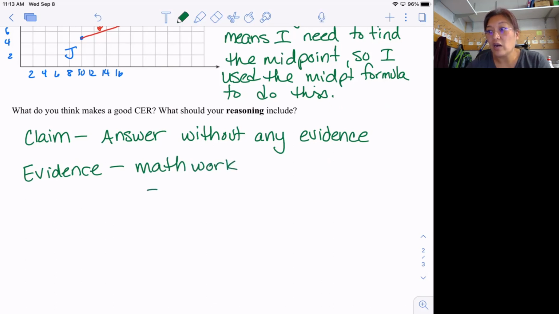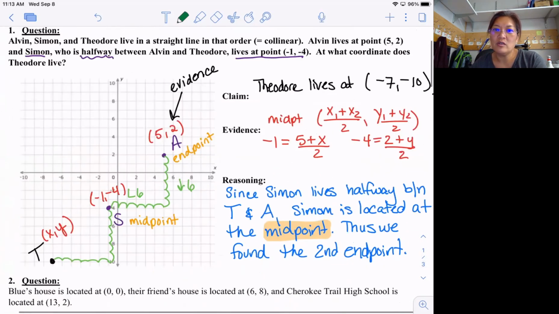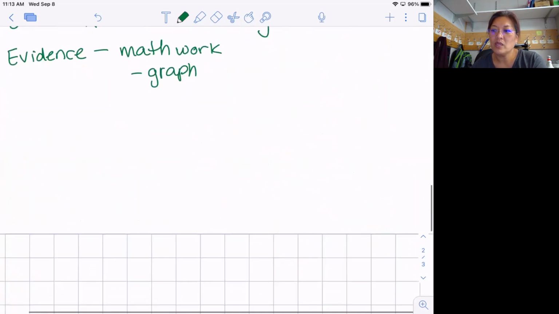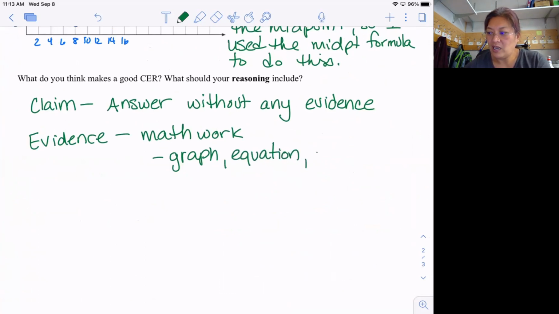It could be a graph, like in number 1. Okay, number 1 was definitely graphical. You did not need to use the formulas. Somebody might have used the formulas. Okay, so it could be a graph. It could be an equation. It could be a calculation. Any and all of these things could be considered part of your evidence.